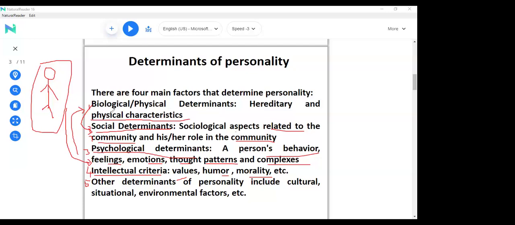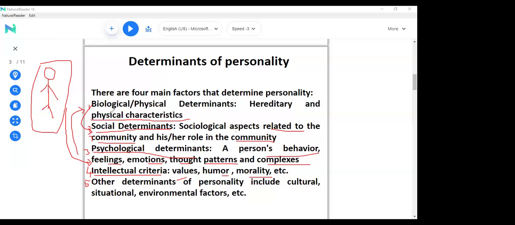But these 5 concepts, or the 5 determinants, have an effect sometimes individually, sometimes group-wise, sometimes all 5 concepts altogether change Mahendra's personality.